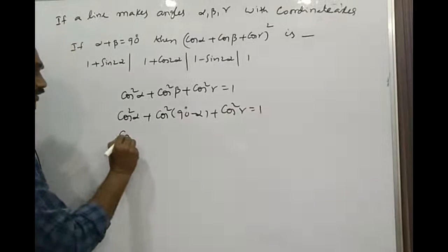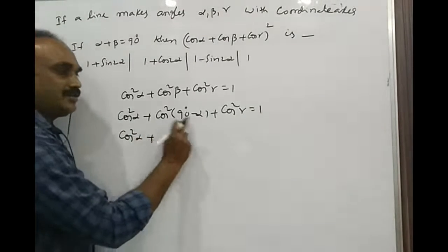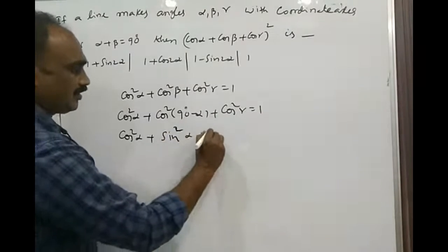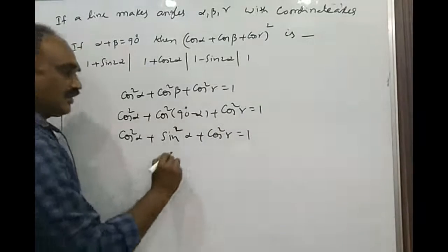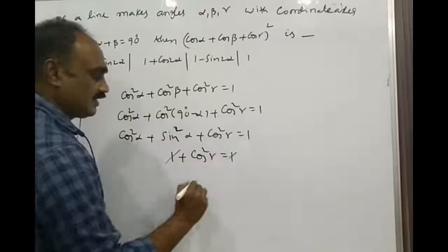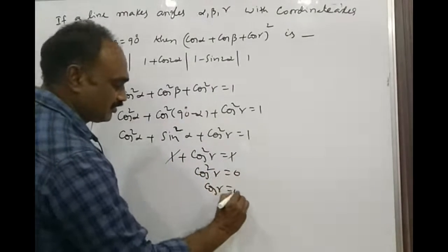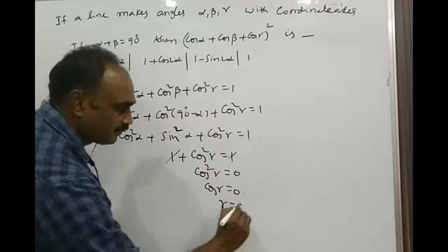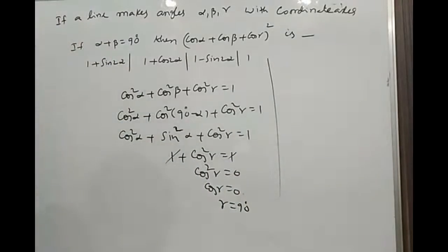Cos of 90 minus alpha becomes sin alpha, so cos square alpha plus sin square alpha is 1. 1 plus cos square gamma is equal to 1, the 1s get cancelled, so cos square gamma is equal to 0. Cos gamma is equal to 0, so gamma is equal to 90 degrees.